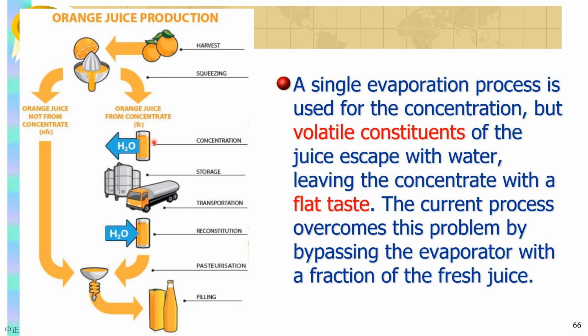You don't want to ship water from the United States to Taiwan, right? So you need to vaporize most of the water, so you have a concentrated juice. The concentrated juice comes from the United States by boat, and then in Taiwan, you dilute it.